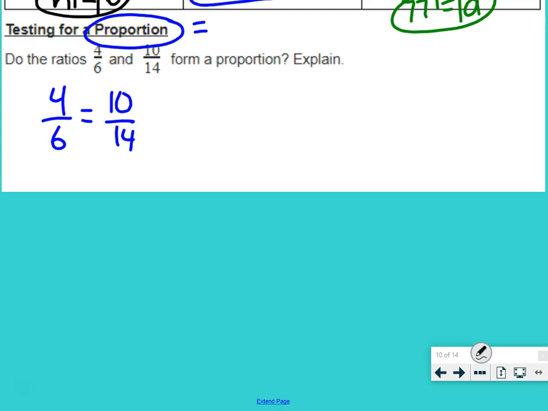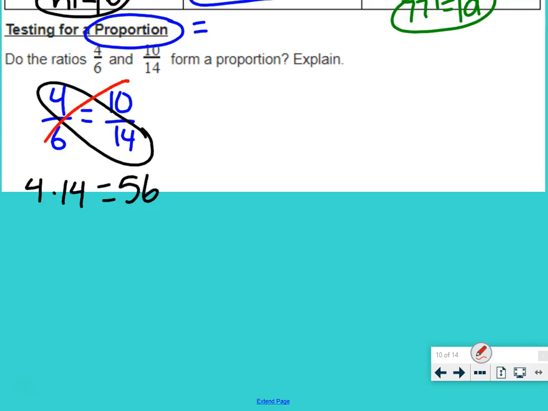So our first cross product can be 4 times 14. And when we do 4 times 14, we get 56. And then if we test the other cross product, we have 6 times 10. 6 times 10 equals 60.